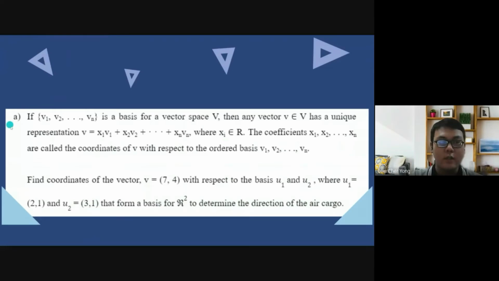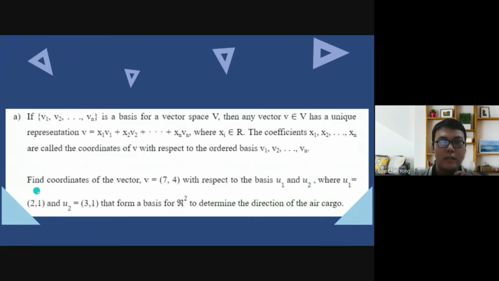So the question A, if v1, v2 until vn is a basis for the vector space V, then any vector v has a unique representation v equals x1 v1 plus x2 v2 until xn vn, where x1, x2 until xn are real values called the coordinates of the vector v with respect to the ordered basis v1, v2 until vn.